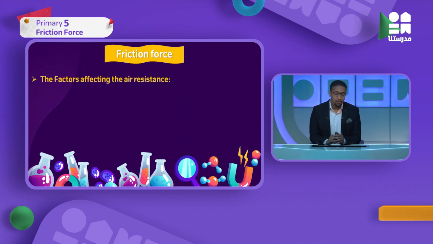Again, factors affecting air resistance. Who remembers factors affecting friction force in general? There are three factors affecting friction in general. We said that in the last episode.